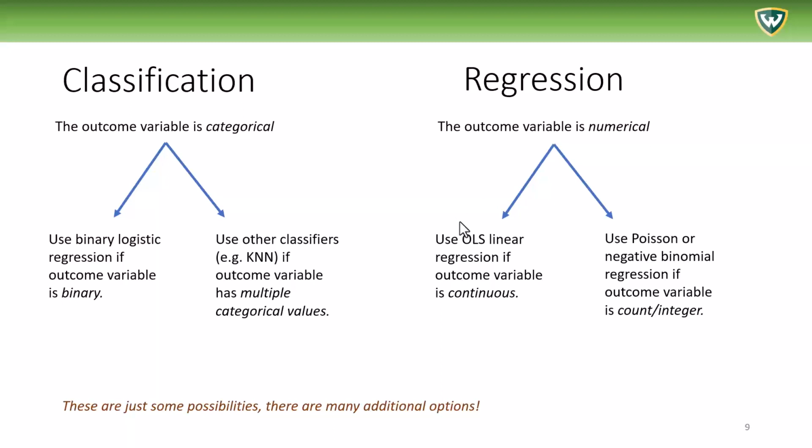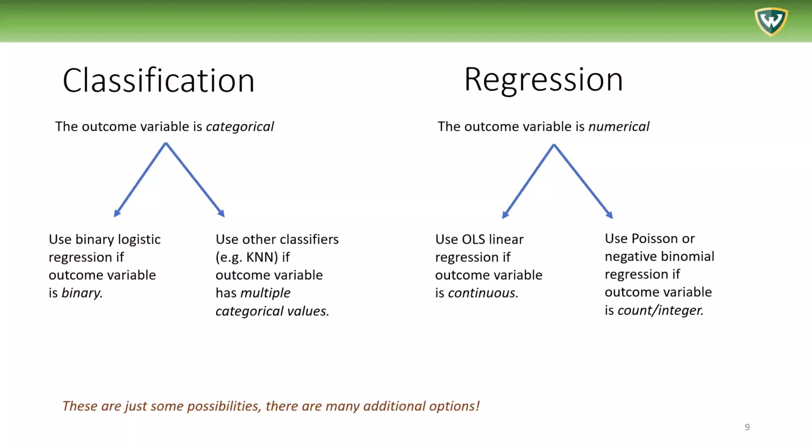But classification is when we're dealing with categorical variables as the outcome variable. The outcome variable is categorical. And we use logistic regression if the outcome variable is binary. That's called binary logistic regression because there are actually other kinds.